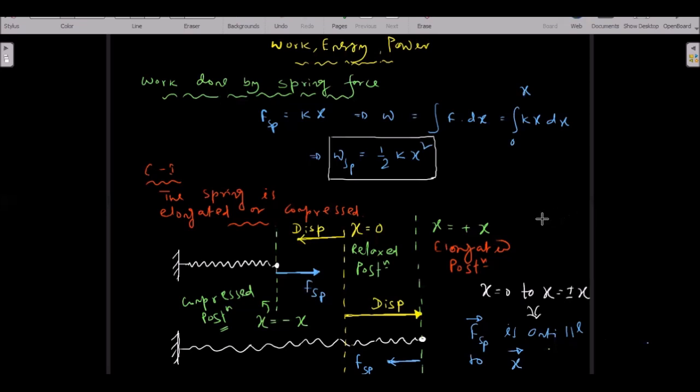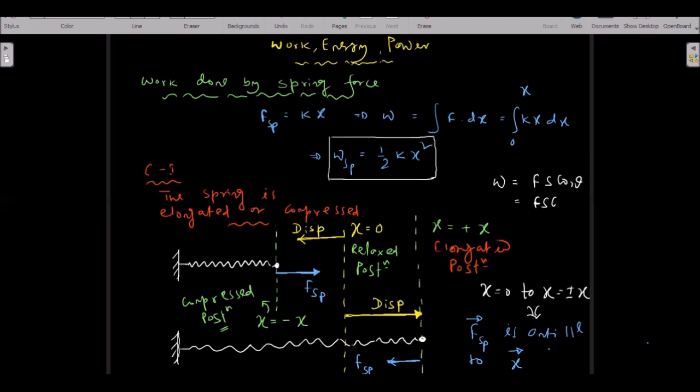So if force and displacement are opposite to each other, will the work done be positive or negative? Cos 180 degrees means what? W is equal to F S cos theta. Theta is 180 if they are opposite to each other.